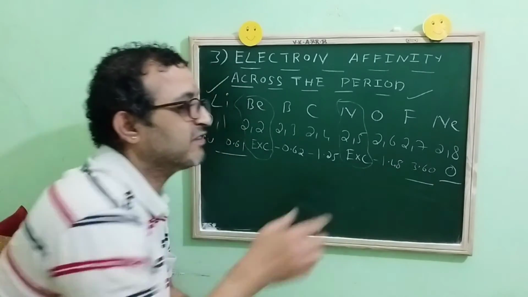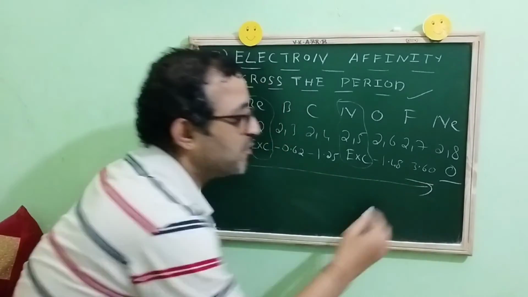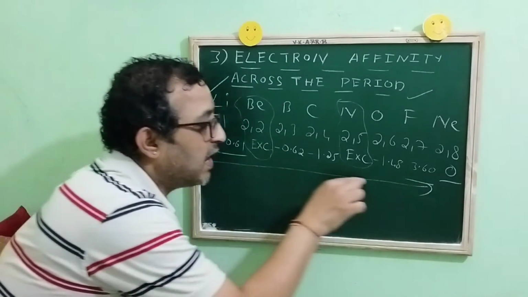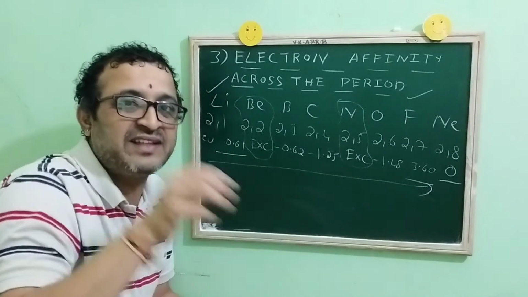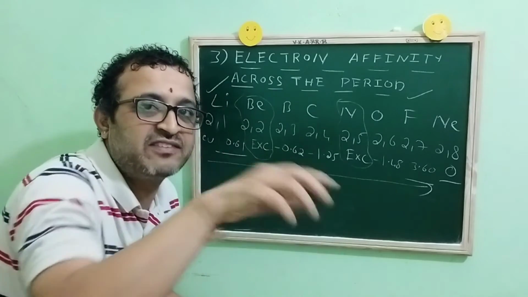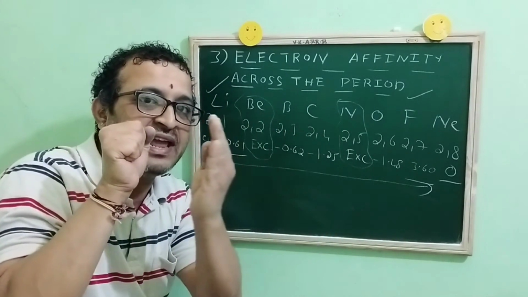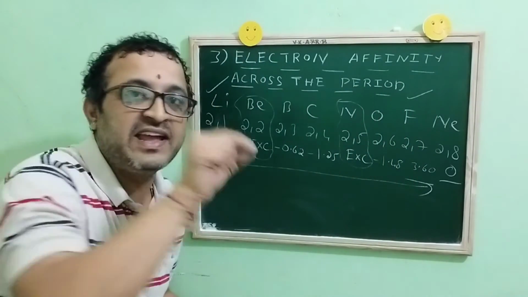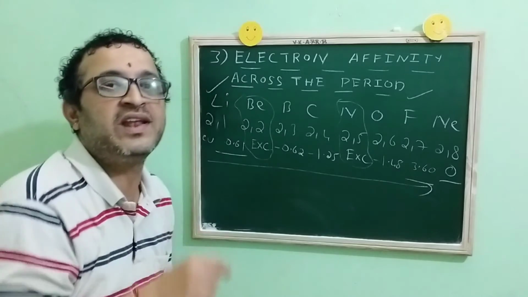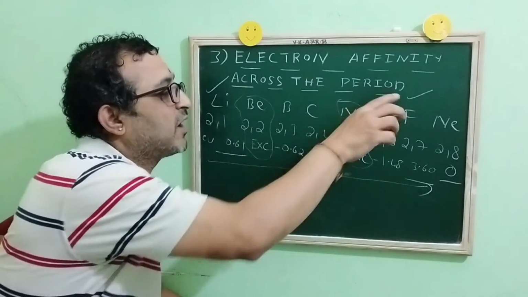Obviously, 3.60 is more. So across the period, the electron affinity values are going to increase. That is, the amount of energy released is going to increase because of the decrease in what, children? Atomic radius, and increase in what? Nuclear charge.